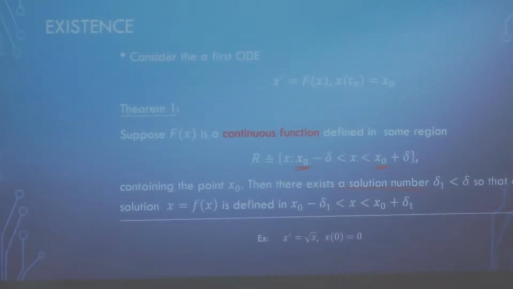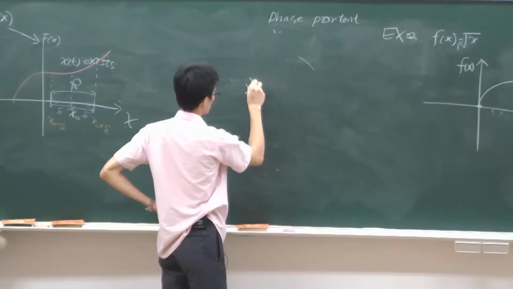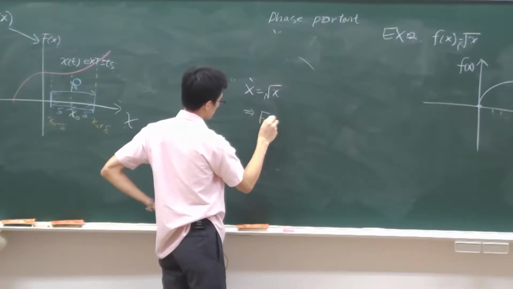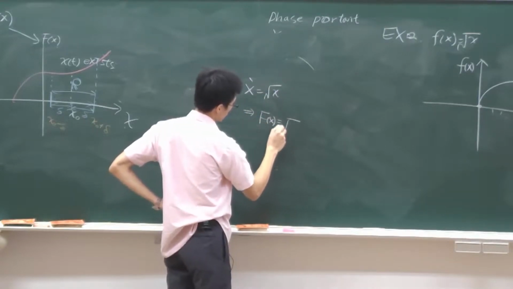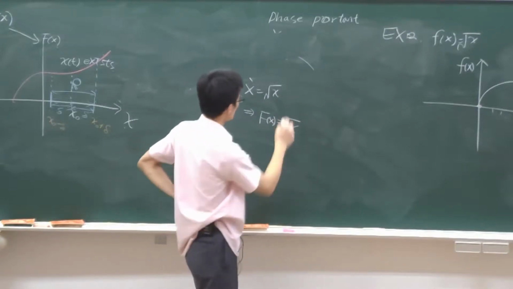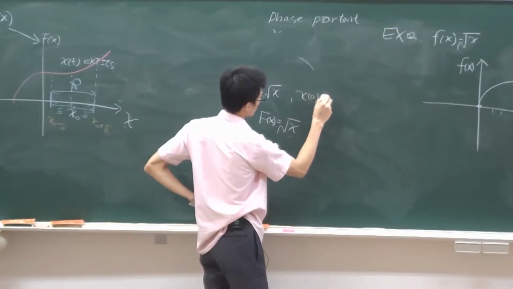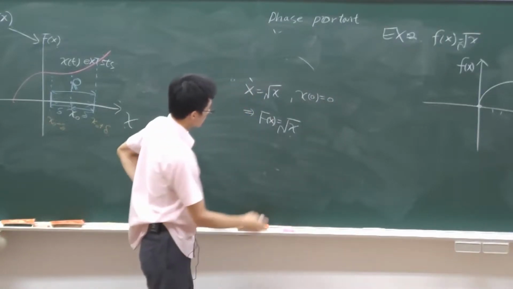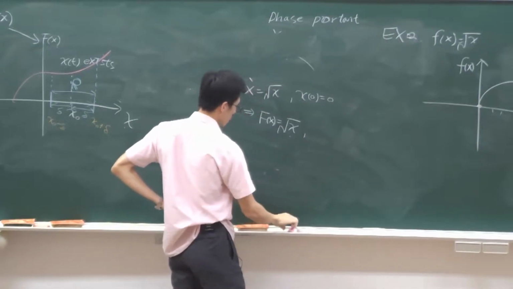Next, for example, in this one, the square root of x is not continuous, or not defined, at 0. Which implies f of x, with the initial condition at 0, is not defined.